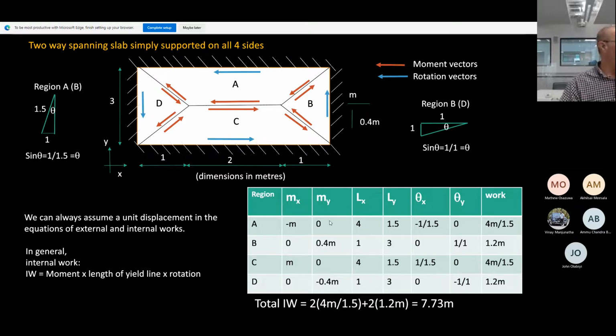Let me explain it for region A. Pay attention, please. Let's start with region A. Can you see region A? This one here. Now, for region A, can you see these vectors in red? These are the moment vectors. When I take all these vectors and project them onto the x-axis, first of all, is it going in a positive or negative direction?